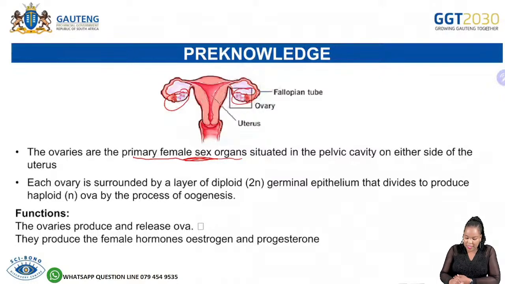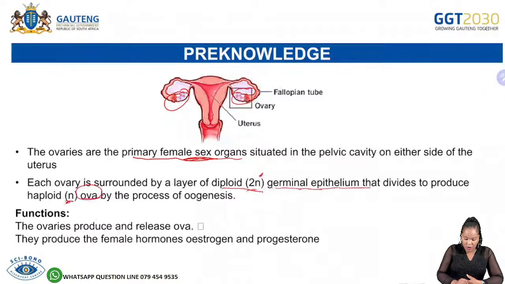Then each ovary is surrounded by a layer of diploid cells. You also did oogenesis, where you learned that these diploid cells, the germinal epithelium, are going to divide to produce a haploid ovum, from being 2N to N. So this is the information that you learned prior. We're going to use this information, building on further.